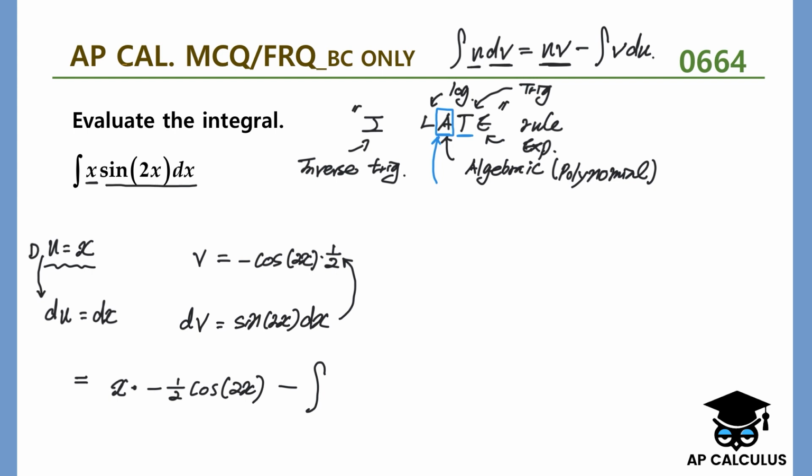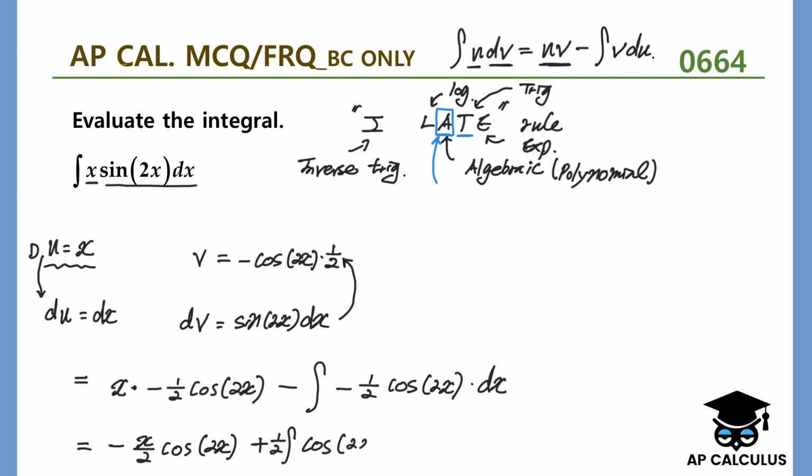So v is negative 1 over 2 cosine 2x times du, which is just dx. That is equal to negative x over 2 cosine 2x plus 1 over 2 times the integral of cosine 2x dx.